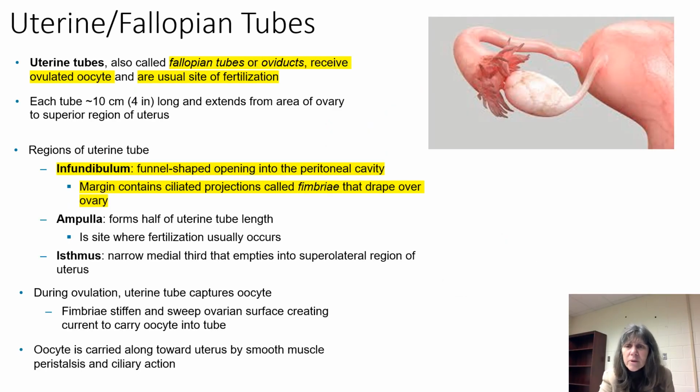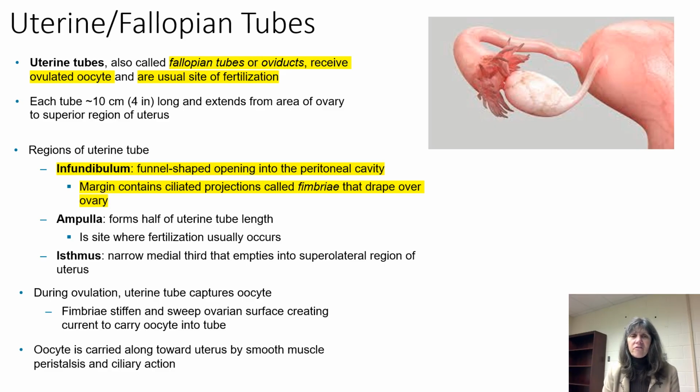This is actually a better picture of the uterine tube and the ovary, and you can see the ovarian ligament connecting the ovary to the uterus on the right-hand side, that whitish portion coming off the ovary. And then to the left, we see these little finger-like projections coming off of the uterine tube.